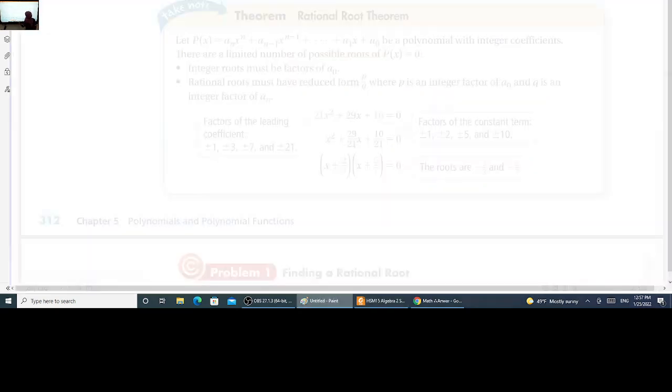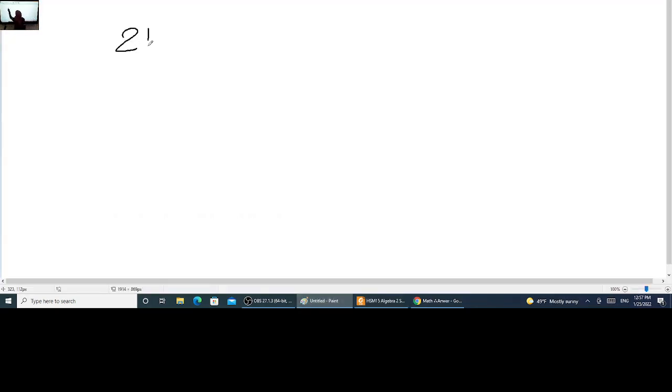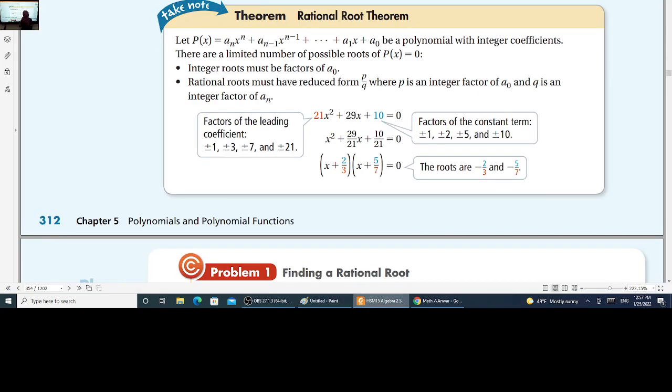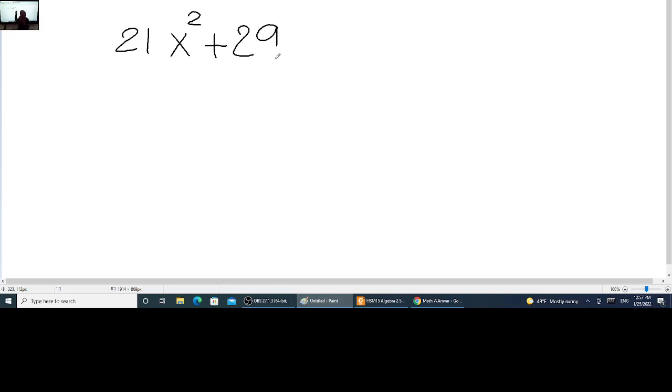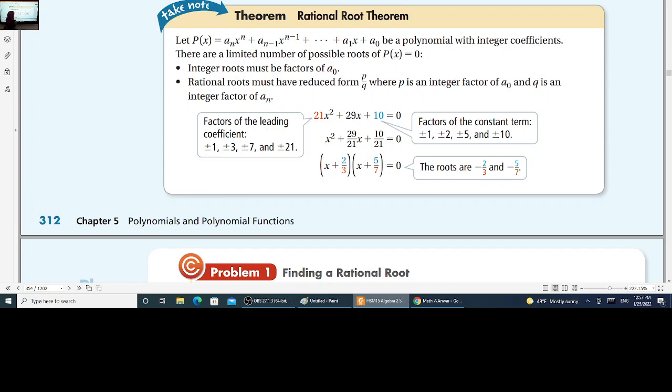21x squared plus 29x plus 10 equals 0. Since the coefficient in each term is an integer, we just apply the rational root theorem.